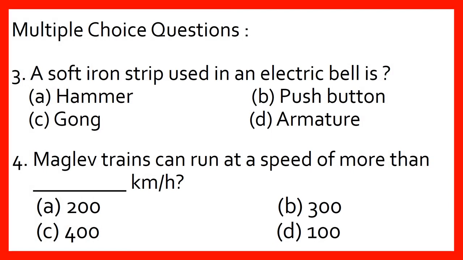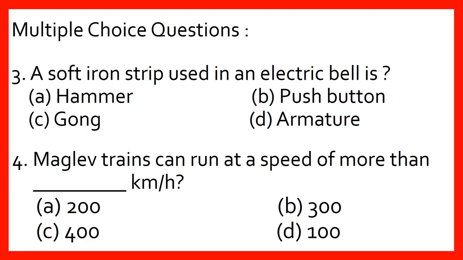Moving on to multiple choice questions. Question number 3. A soft iron strip used in an electric bell is option A, hammer, option B, push button, option C, gong, option D, armature.